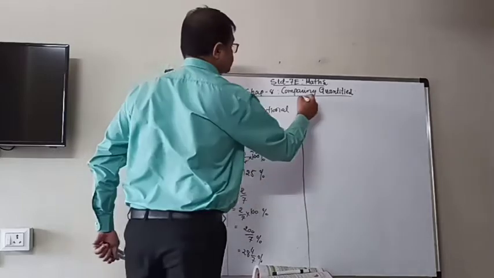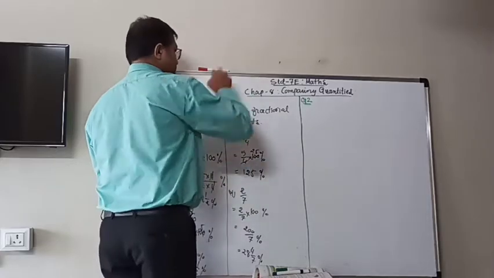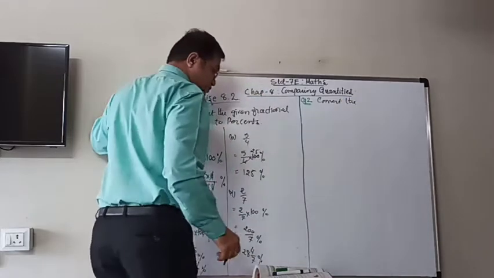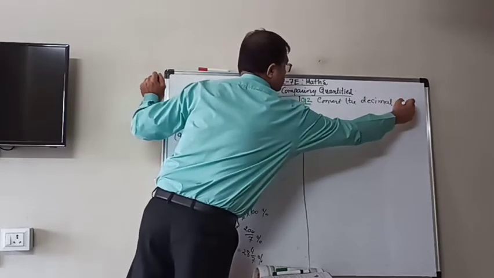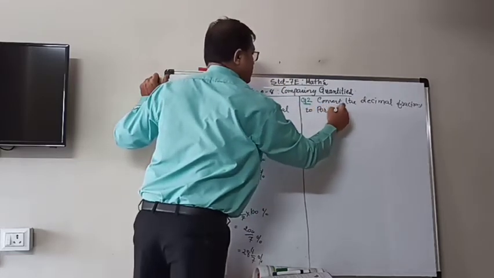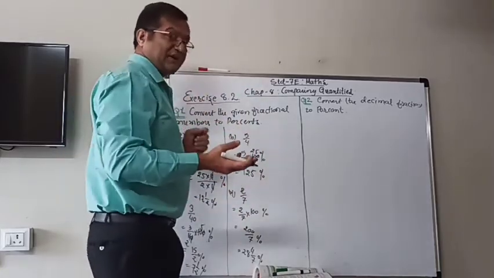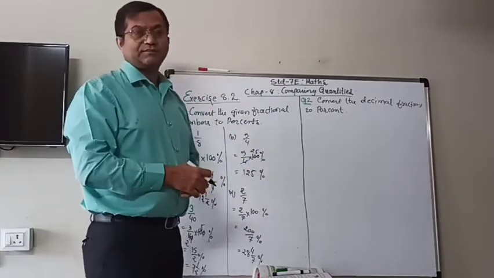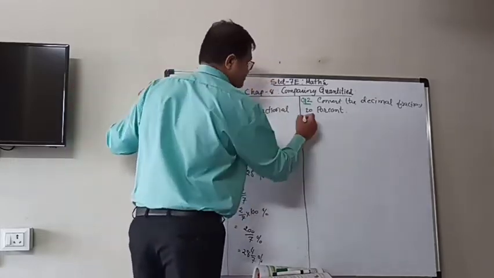It is also the same, but first you convert the decimal fraction into a normal fraction and then multiply by 100%. Same thing. So let us do the first one.